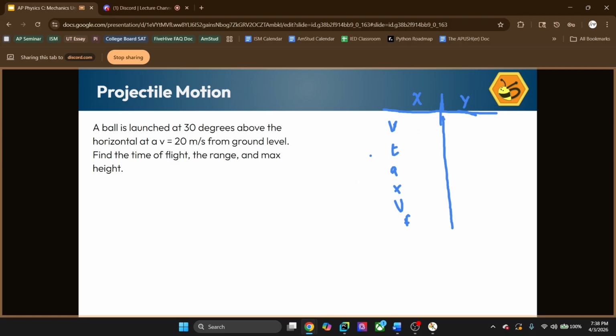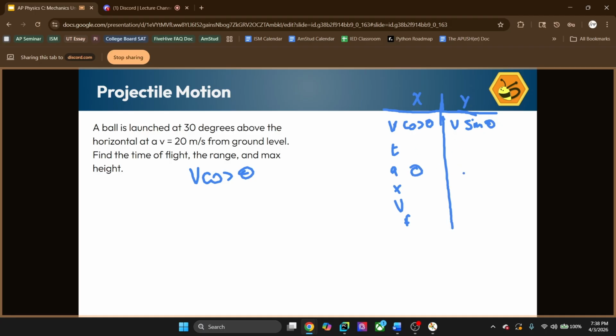For this situation, the horizontal velocity is v cosine theta, right? So we can just write that down there. And for y, it's v sine theta. We don't know t. We're trying to find t. We know that for horizontal motion, acceleration is 0.